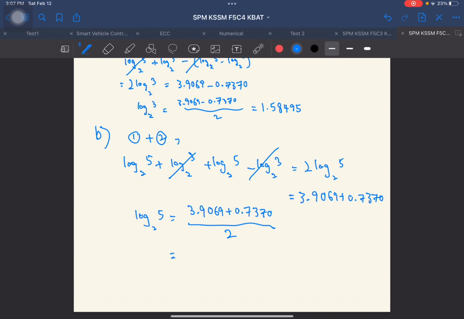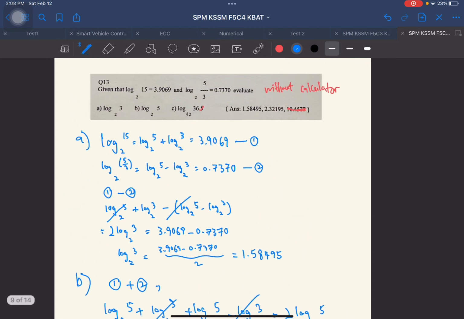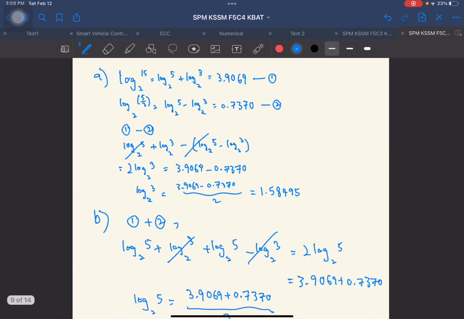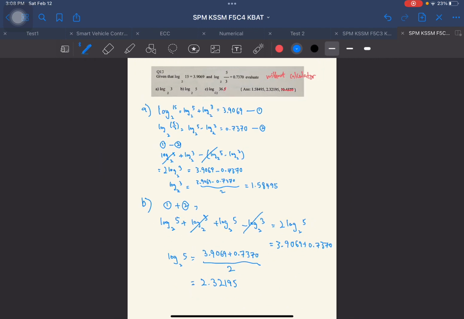And if you use a calculator to calculate all these values, right, you will get different values from this. This might come out as a KBAT question in SPM, so do take note of this.